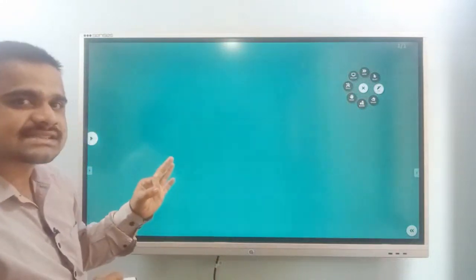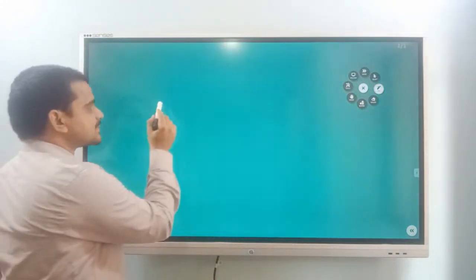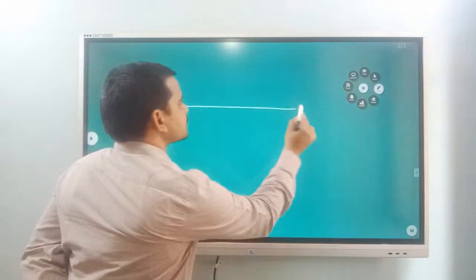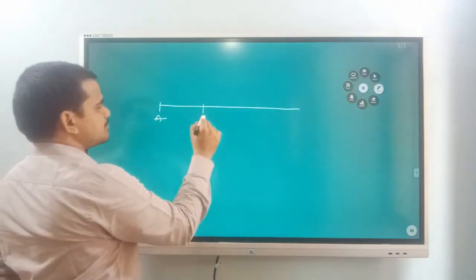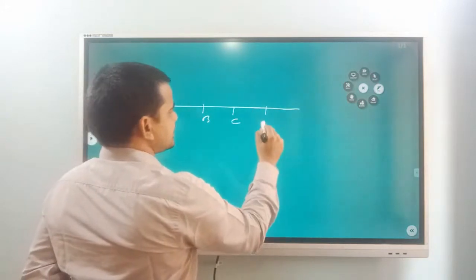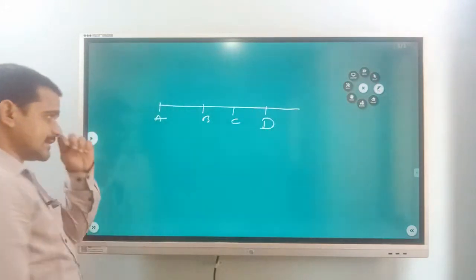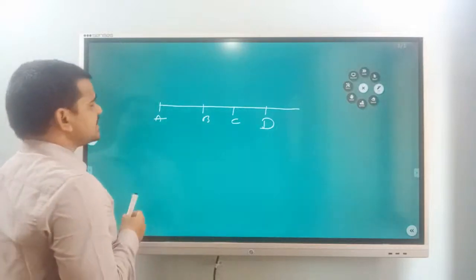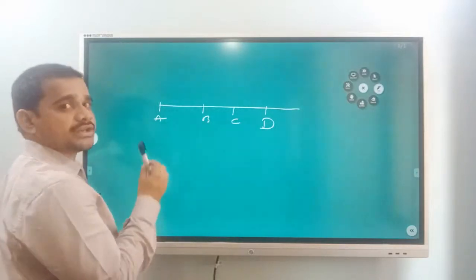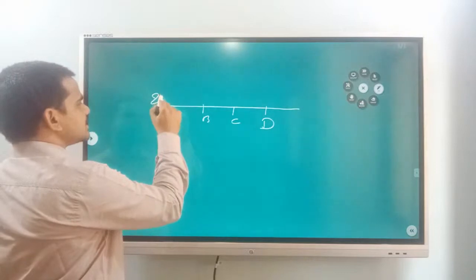Instantaneous speed: when a body is moving from here to here, let's consider different points, A, B, C and D. At one point the body is going at 20 kilometers per hour.